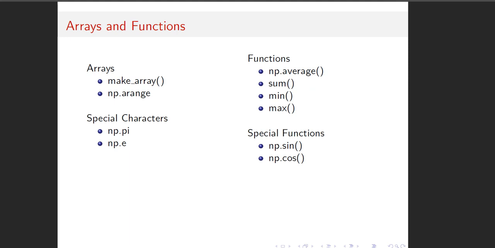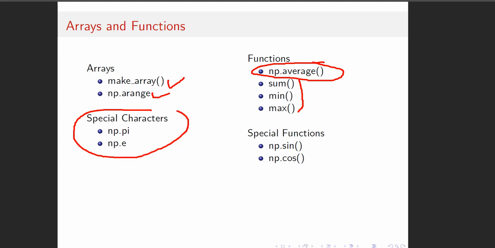Yes, we did learn some arrays and functions. There are some that are really important here, like np.arange and make_array, and we were using np.average a lot. We've used these some. And then there are these special characters in NumPy, pi and e.